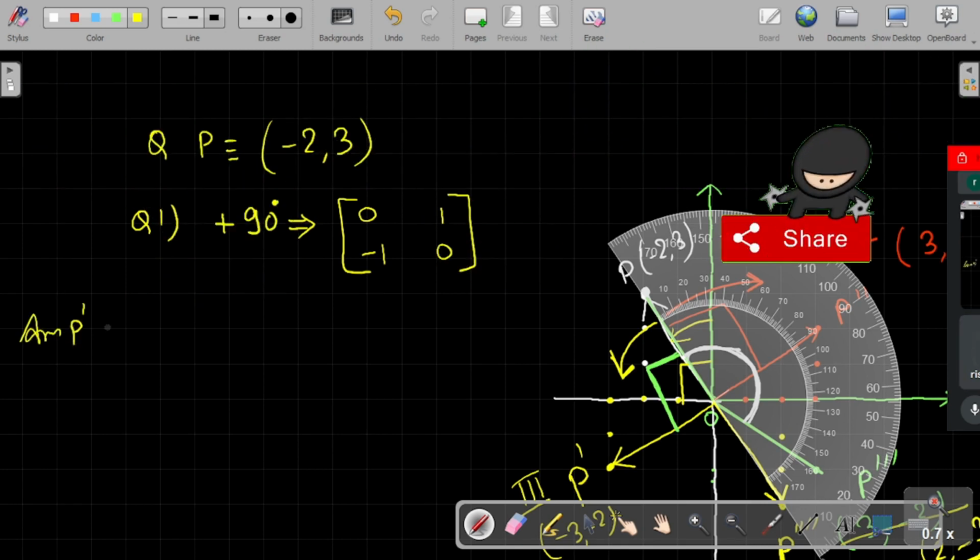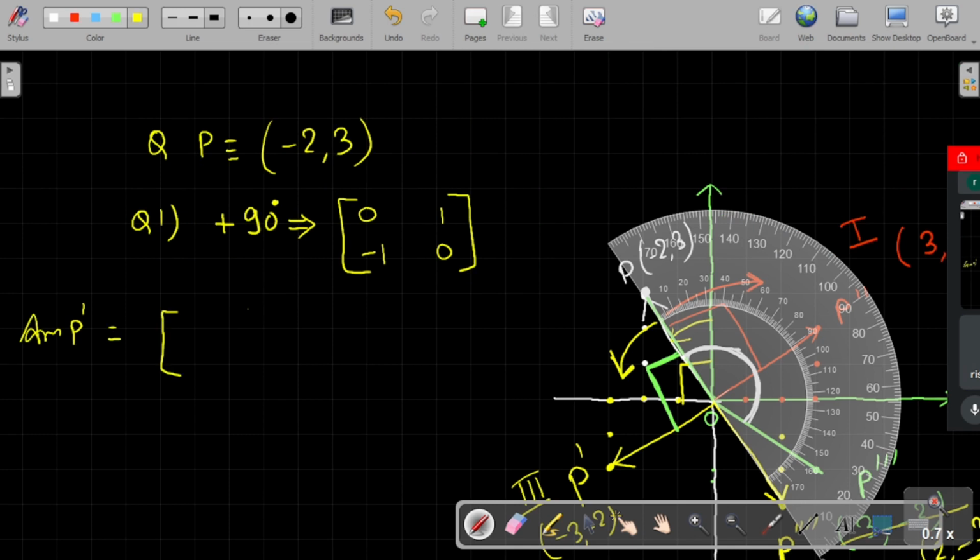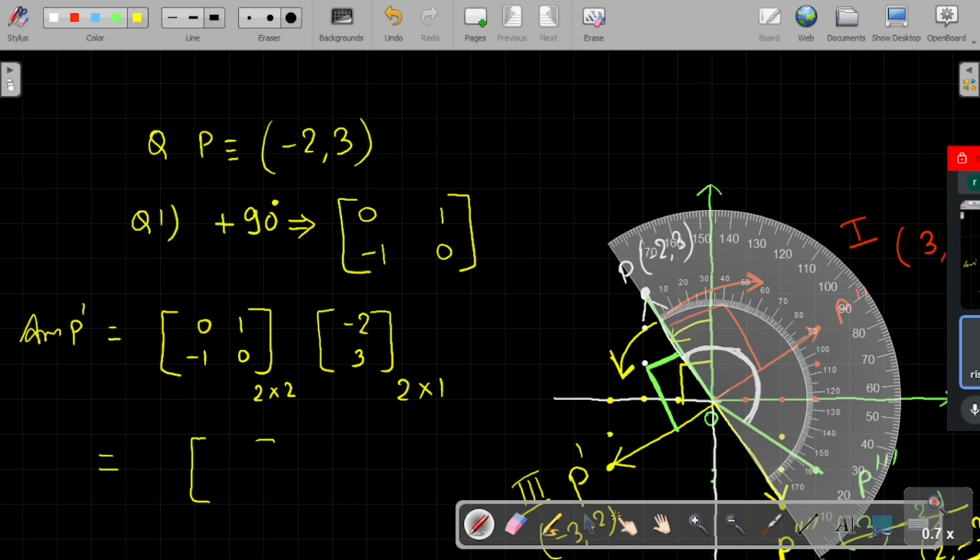My P dash will be equal to this 2 cross 2 matrix, 0 minus 1, 1 0, multiplied with minus 2 and 3. This is a 2 cross 1 matrix. So my resultant will be of 2 by 1 order. Is it okay?